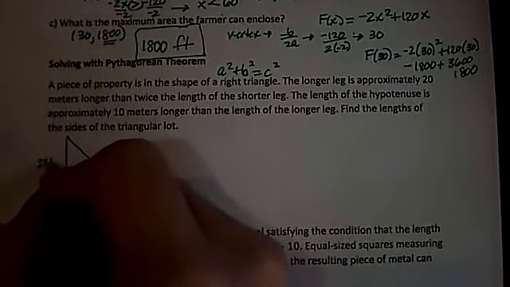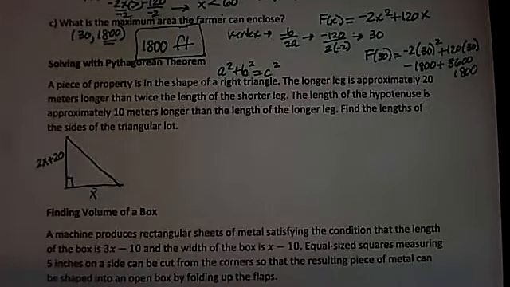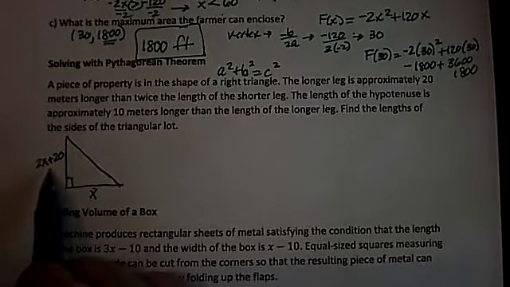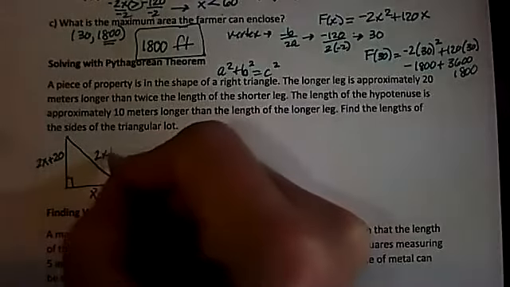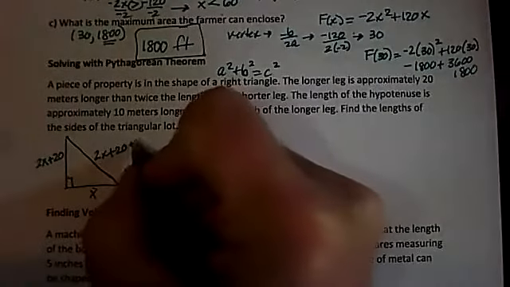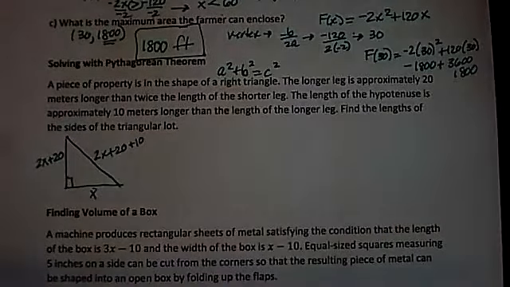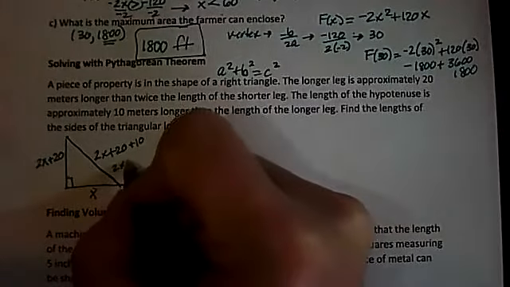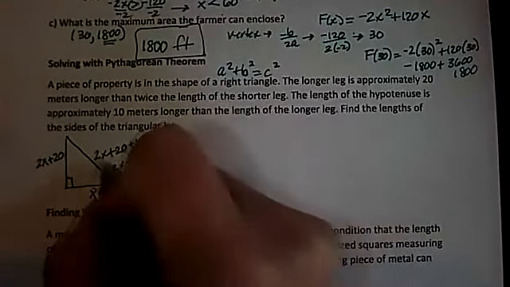And then 20 meters more, plus 20. The length of the hypotenuse is approximately 10 meters longer than the length of the longer leg. So here's the longer leg, and then 10 meters longer than that, so plus 10. So this is going to be 2x plus 30 for this side.